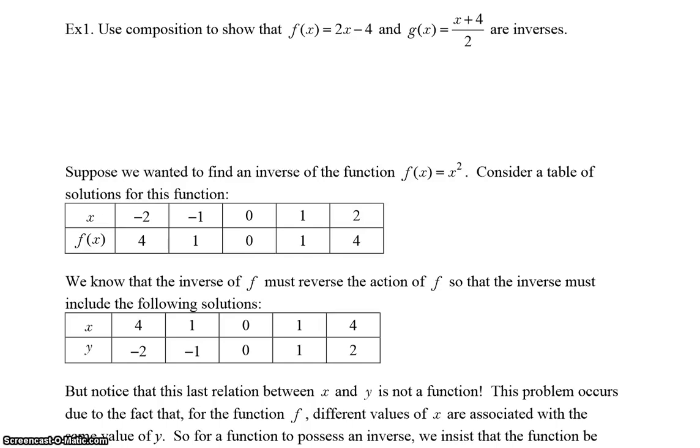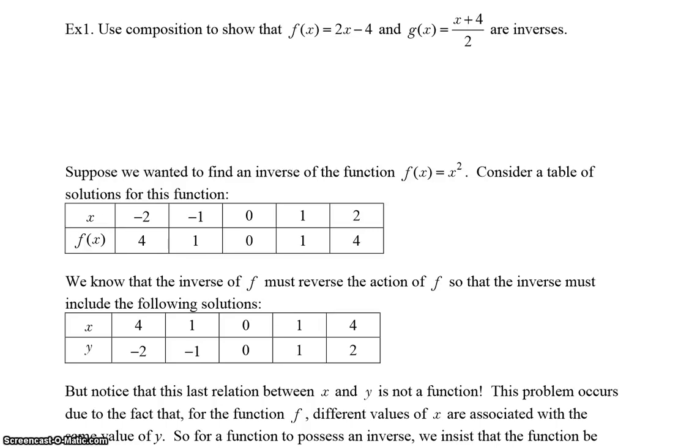G of x, on the other hand, takes an x, adds 4, then divides by 2. So f first multiplies, then subtracts. G first adds, then divides. So again, the operation of g is in the reverse order of the operation of f. That would suggest that g is the inverse of f, and f is the inverse of g.